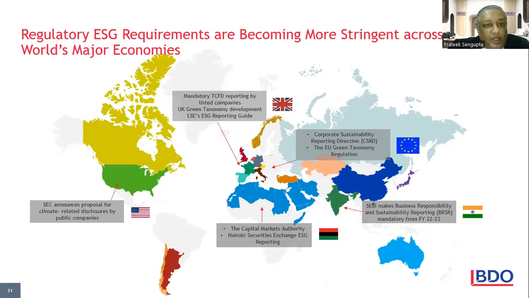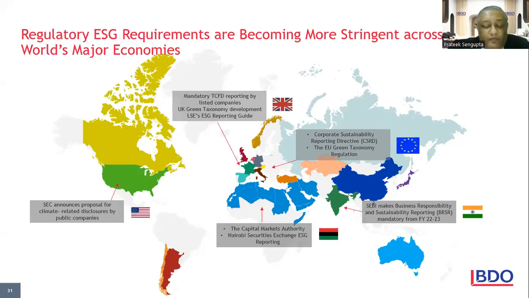This is under development and should be coming out soon. In Europe, mandatory TCFD reporting by listed companies. In the UK, Green Taxonomy development and LSE's ESG reporting guidelines. These are all critical developments that have happened in Europe. Then, of course, as I mentioned earlier, CSRD in the EU and the EU Green Taxonomy Regulation. This is another key development.